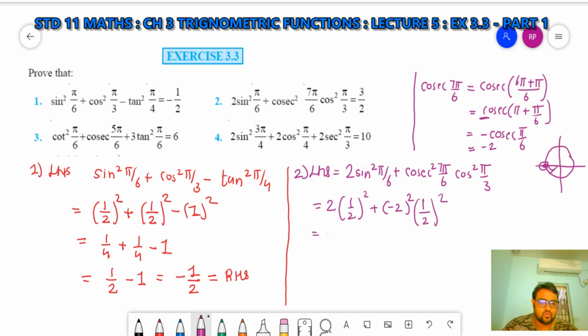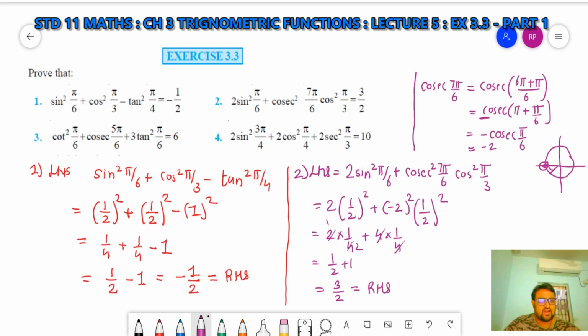So this will be equal to 2 into 1 by 4 plus minus 2 square, that is plus 4, into 1 by 4. 4 and 4 get cancelled. 2 ones are 2, 2 twos are 4. This is equal to 1 by 2 plus 1, that is equal to 3 by 2. And that is equal to RHS. Clear? So this was about question number 2.